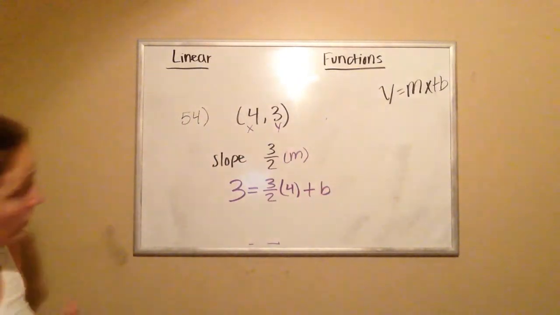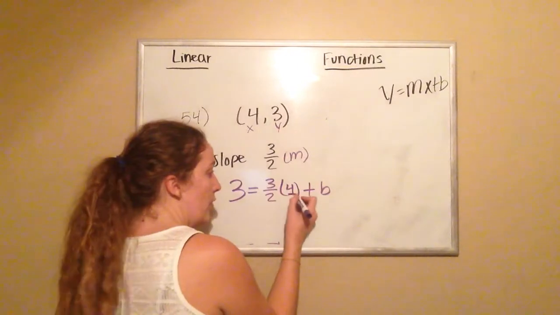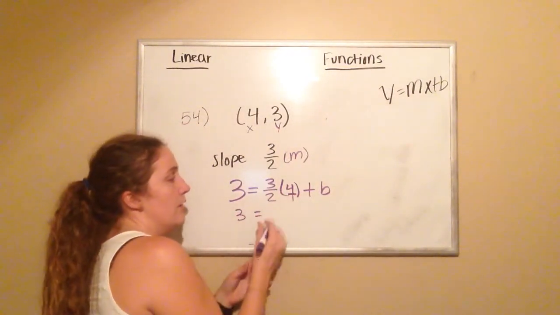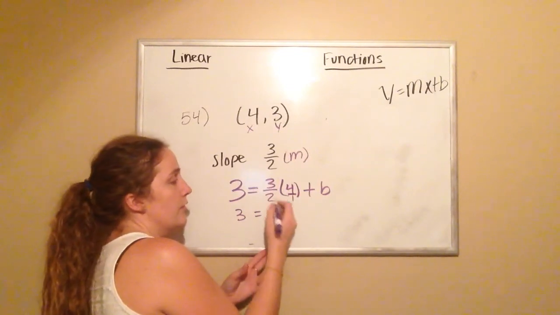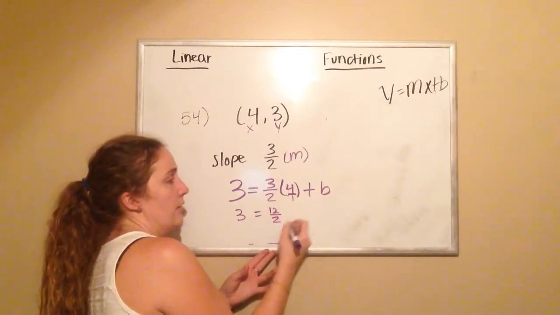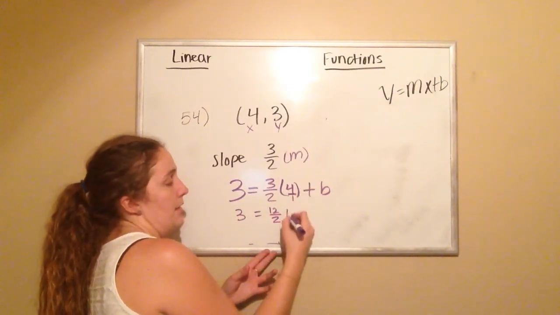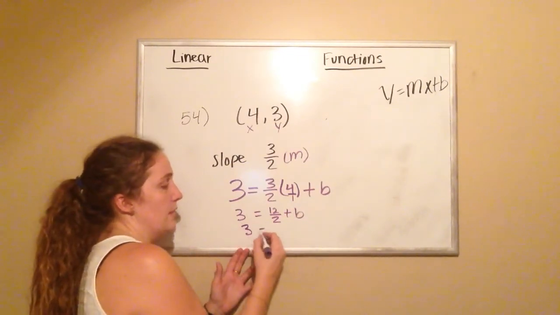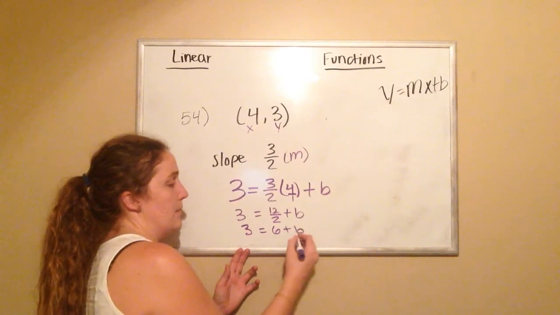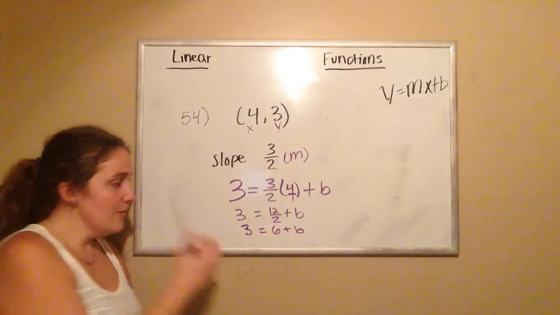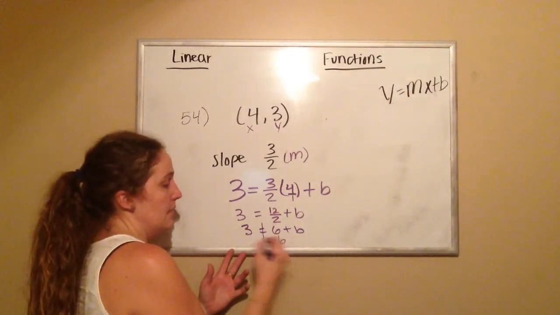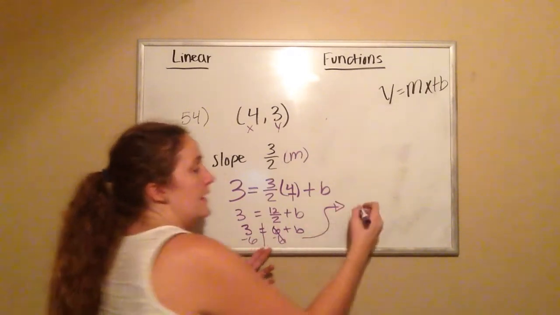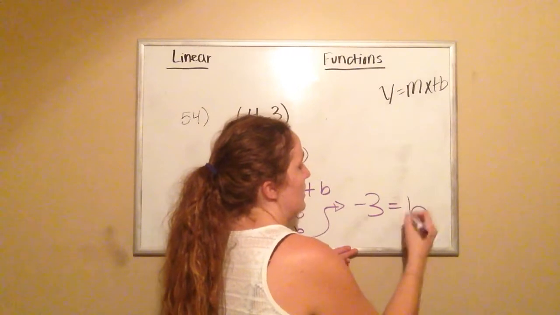So make this into a fraction, 4 over 1, and we're going to solve this out. 3 is equal to, 3 times 4 is 12, 2 times 1 is 2, plus b. So we got 3 is equal to 6 plus b. When we solve this out, we subtract 6 on both sides, and we get negative 3 is equal to b.